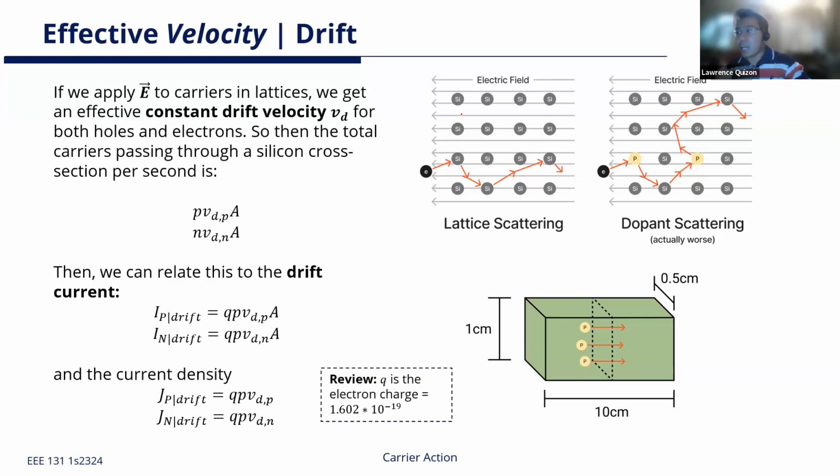So then we can define that as a constant drift velocity Vd, for both holes and electrons.